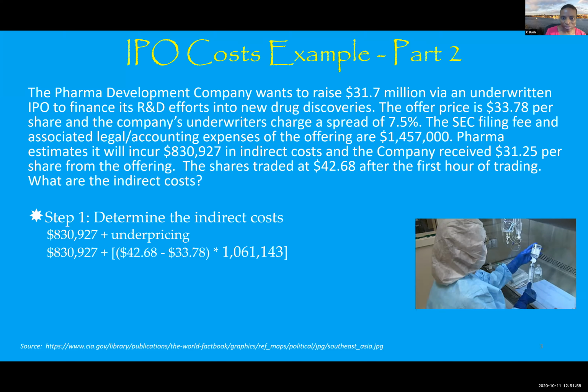So if we add the underpricing to the other indirect costs, that gives us total indirect costs. Sometimes the question is, what is the percentage of indirect costs to the amount raised? And if that's the question, let me just go here.